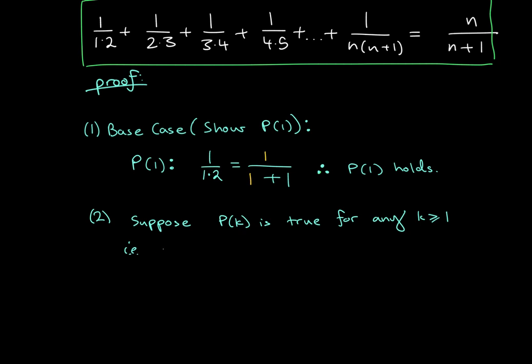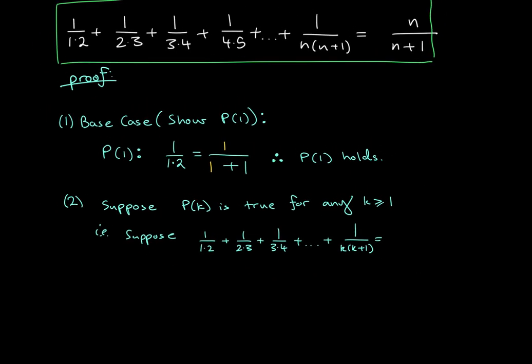In other words, suppose that indeed we have that 1 over 1 times 2 plus 1 over 2 times 3 plus 1 over 3 times 4 plus ... plus 1 over k times k plus 1 is equal to k divided by k plus 1 for k bigger than or equal to 1.